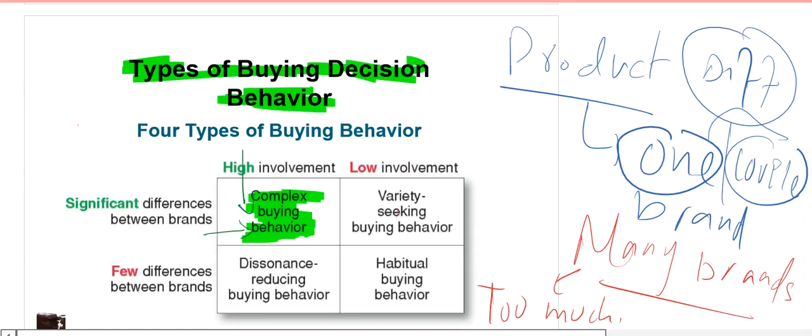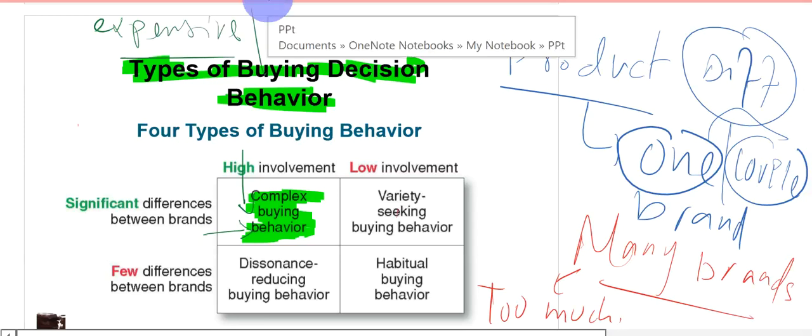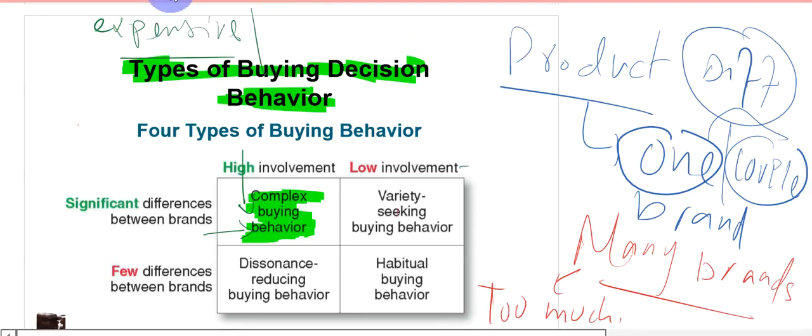Students, complex buying behavior is encountered particularly when consumers are buying an expensive product. When we say that consumers buy an expensive product, it means consumers do not go to the market every day or every month to purchase these products.